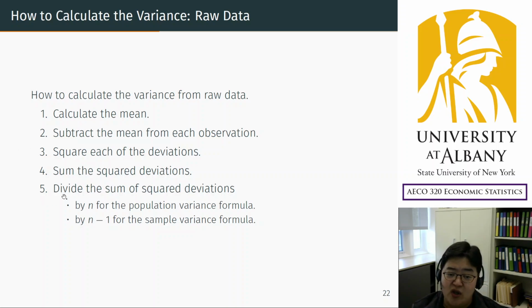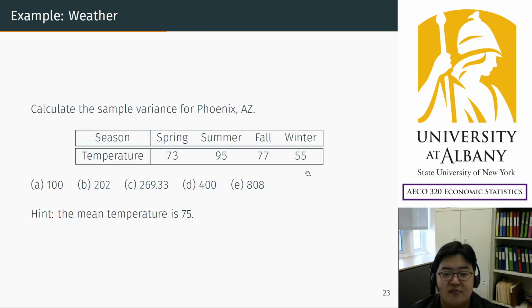But when you divide the sum by the sample size, you may need to use n-1 if the formula is the sample variance formula. It is actually more involved and more algebraically complicated, but not a big problem.